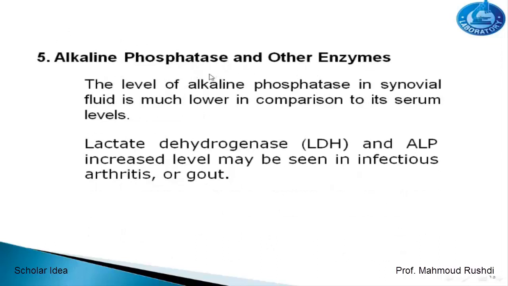Alkaline phosphatase and other enzymes: the level of alkaline phosphatase in synovial fluid is much lower in comparison to its serum levels. Increased levels of lactate dehydrogenase and alkaline phosphatase may be seen in infectious arthritis or gout.